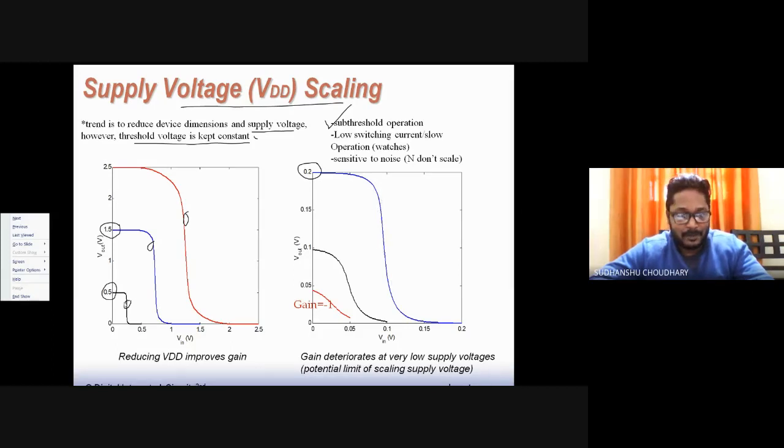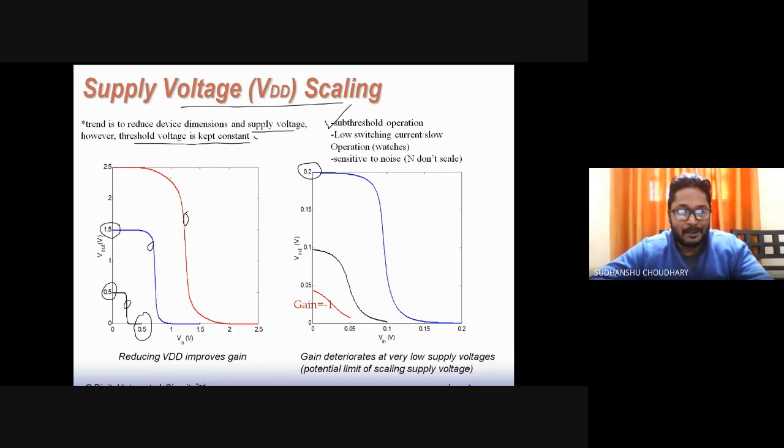So that means gain improvements were only possible up to this point, right? After that, if you try to reduce VDD, gain starts reducing. So gain started to reduce here, and then if you further make it 0.1 volt VDD, it reduces further, and for 0.05, the gain of the entire transient region is 0.1, right?